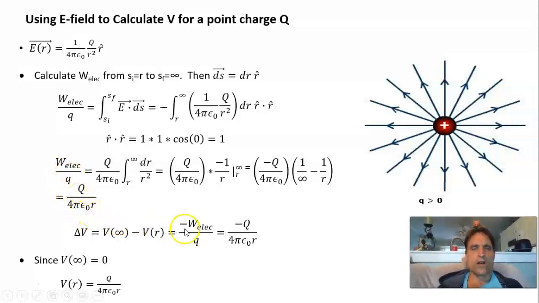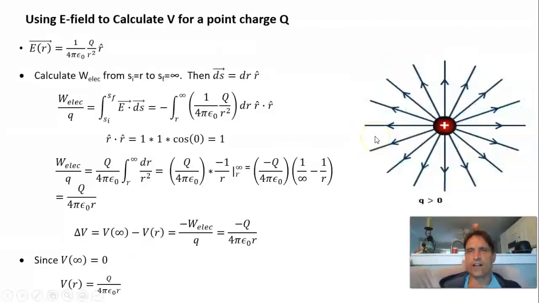Okay. Now we equate that. The negative of this is the potential difference between the endpoints, V infinity minus Vr. Okay. V infinity is just 0 because there's no effect at infinity. That's where we've defined our 0 voltage because there's no effect of this point charge there. So then negative Vr becomes negative Q over 4 pi epsilon naught r.